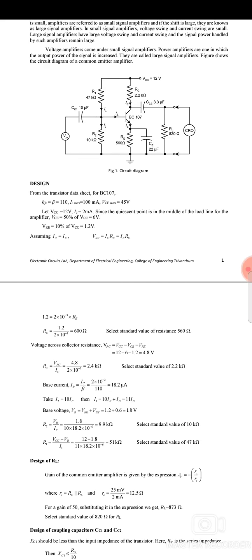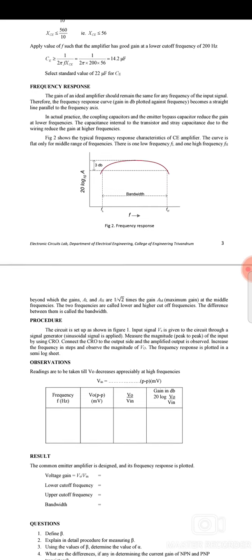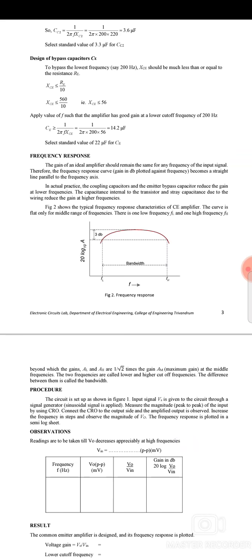With the components ranges selected and the standard values chosen, in the circuit implementation we will get the amplifier output response like this, right?